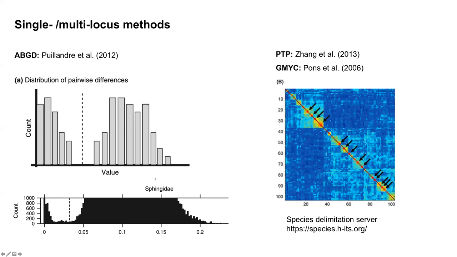Theoretically, there should be a break between intra-species pairwise differences and interspecies pairwise differences. And you can use this theoretical break to identify that break in empirical data to identify species.